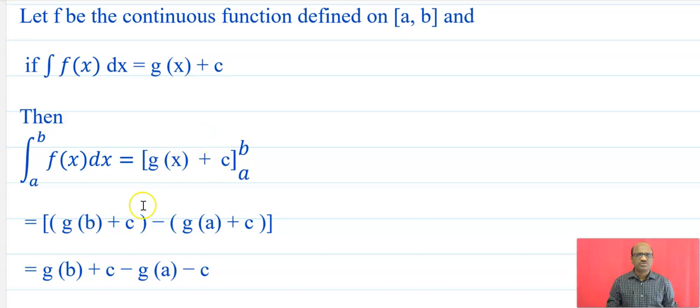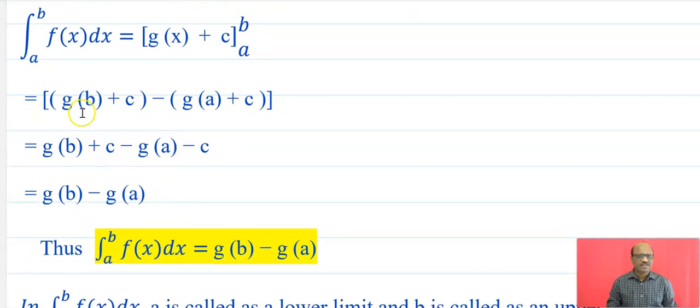Then we substitute the upper limit minus the lower limit. The upper limit is b, that is, x is replaced by b. Therefore, g of b plus c minus g of a plus c. If you open the bracket, you get g of b plus c minus g of a minus c.